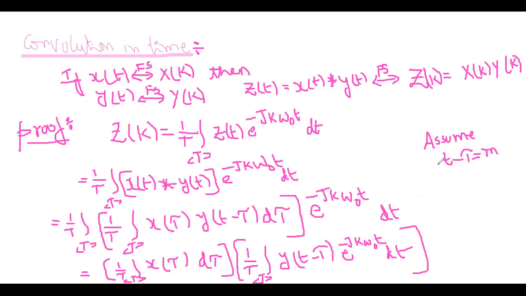Otherwise, without knowing that t minus tau is equal to m, we can apply the derivative on both sides. As tau is a constant here, dt is equal to dm. And what is t here? t is equal to m plus tau.